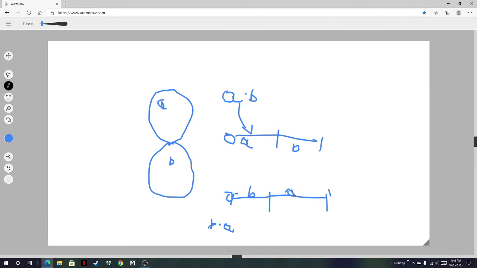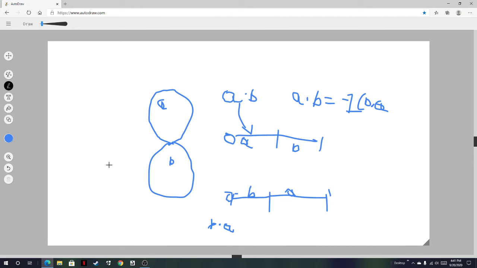And we classify these as not the same. So we can say that A times B does not equal B times A. Makes sense, right?